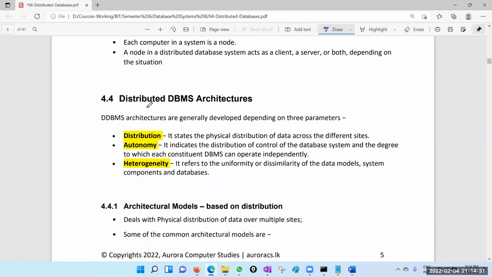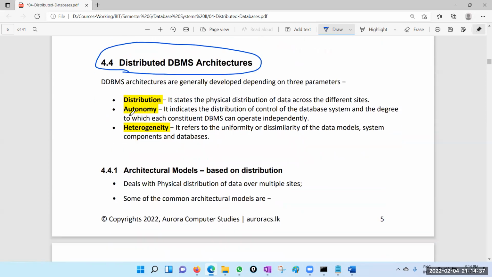When it comes to distributed database management systems, there are different architectures again. Distribution, autonomy, heterogeneity: those are some concepts we are interested in. Distribution is how the data is physically distributed.